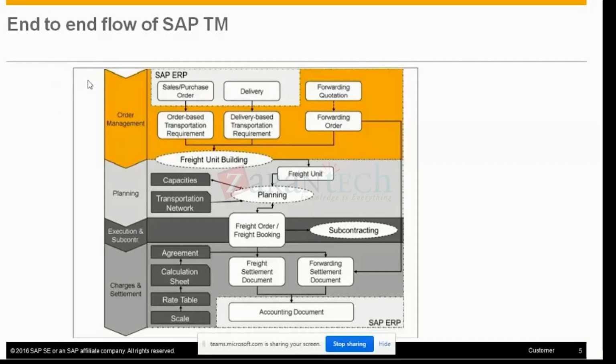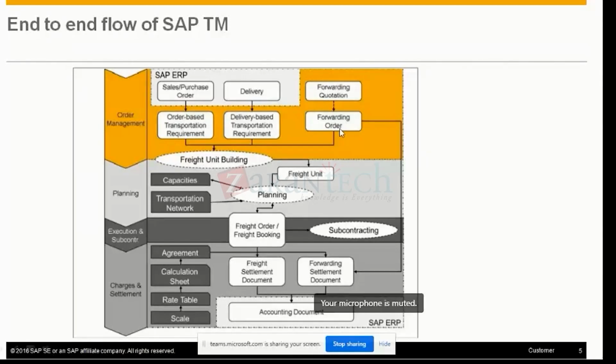And this order management is actually triggered from different documents. If you are considering a shipper scenario, that's where you can use sales order, purchase order. You can also do it from delivery. But if you are considering an LSP scenario, LSPs do not require ERP documents to start off. They generally start their processes with a forwarding order.